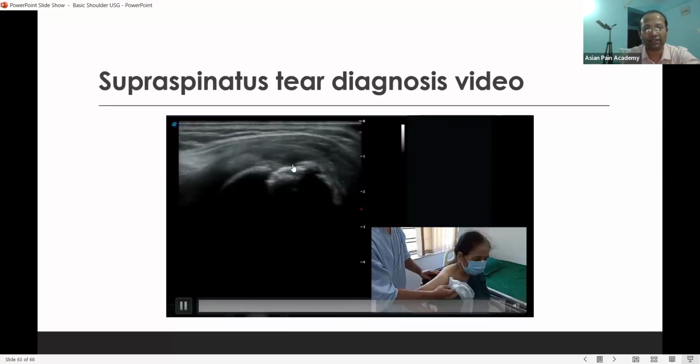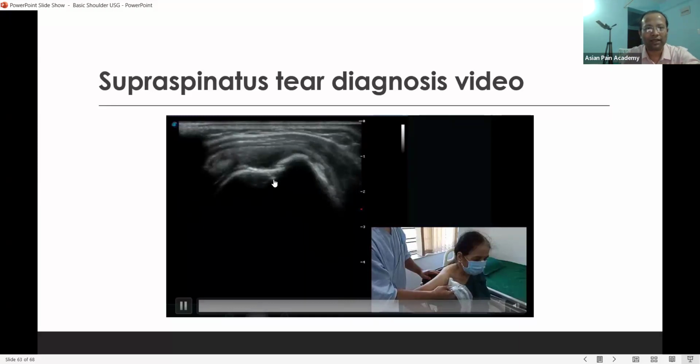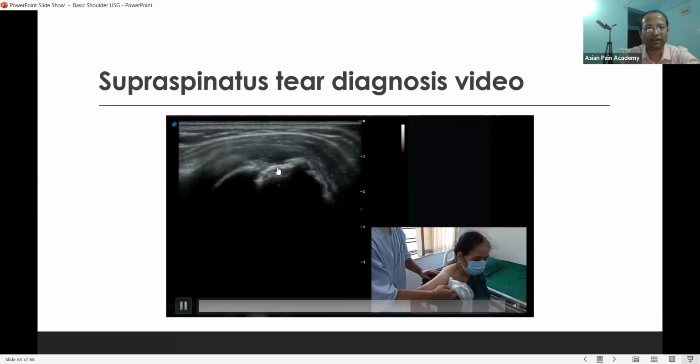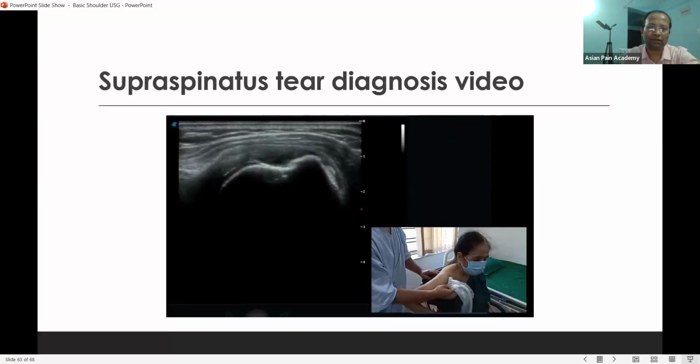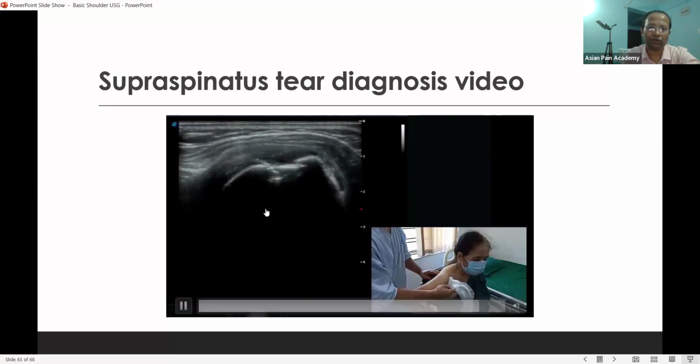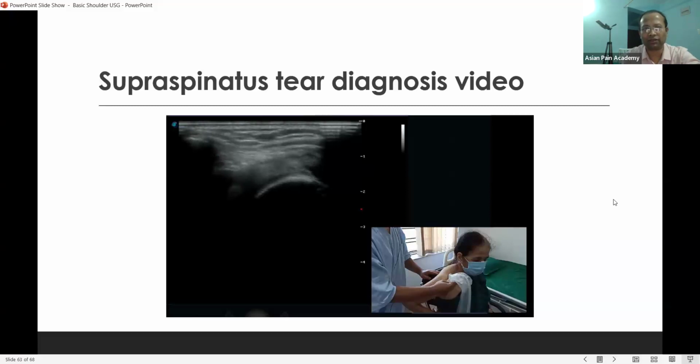You can see this black part, this is the supraspinatus tendinosis. And this is the articular defect, and this is the articular side tendinosis, this black part. This area has some tendinosis. So this is the supraspinatus tendinosis.